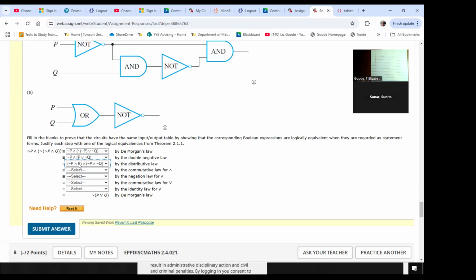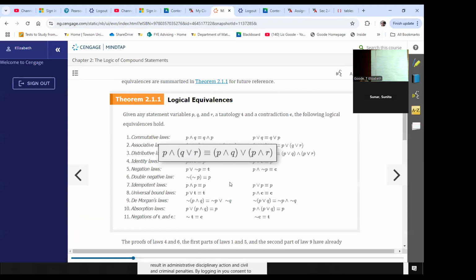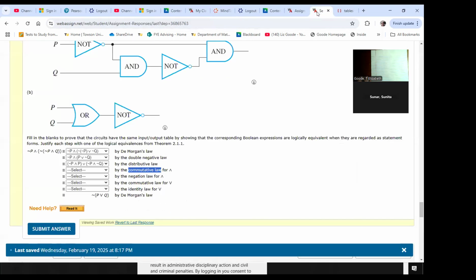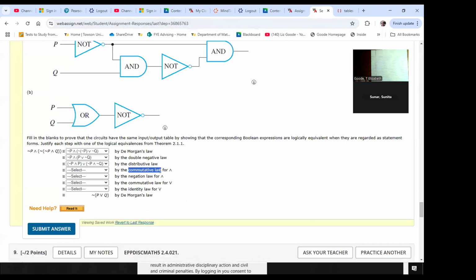But the next thing we could do is, it says we're going to use a commutative law. Let's just look at what the commutative law says. The commutative law says the and doesn't care which side the P and the Q are on. Same with the or. It doesn't care which side the P and the Q are on, because those are symmetric operators. So now it says we're going to use a commutative law. Let's see.